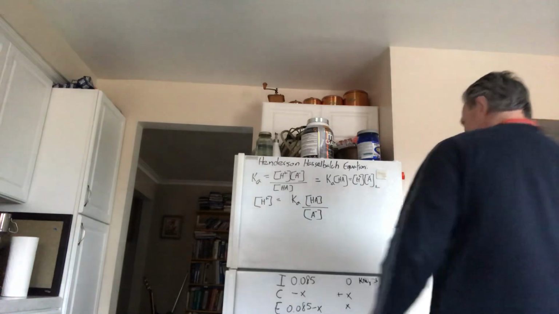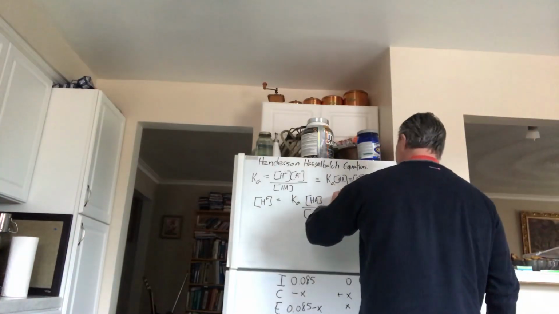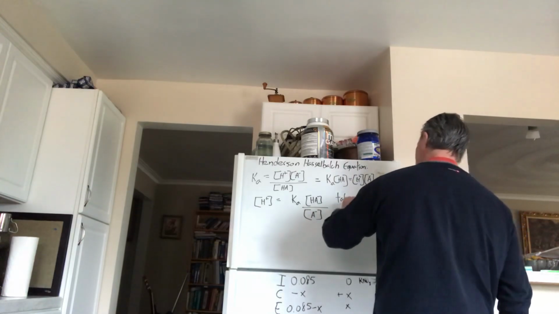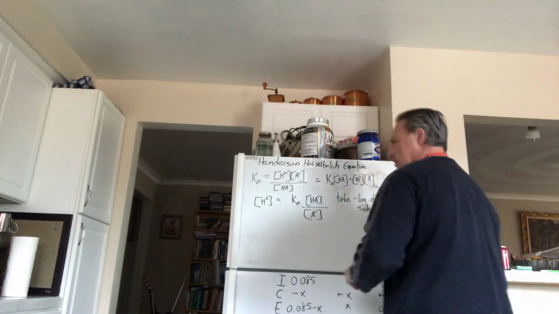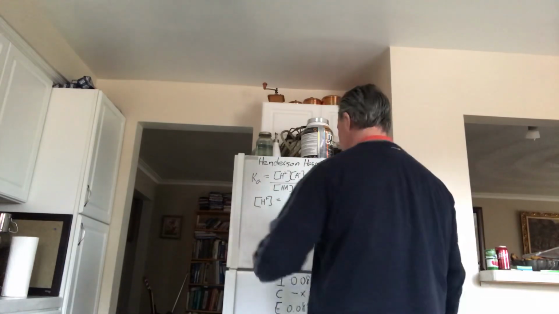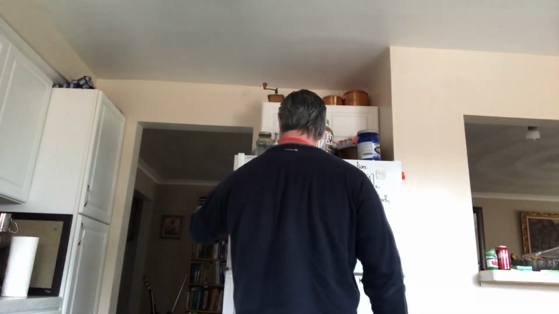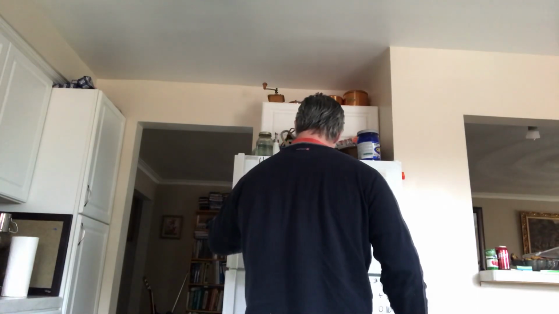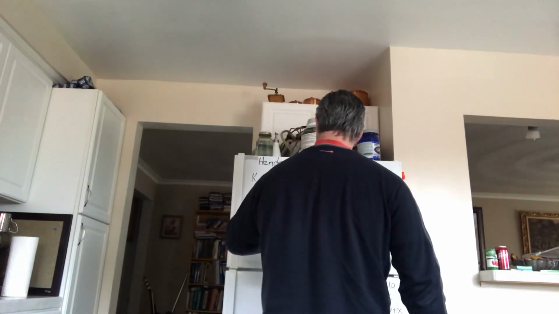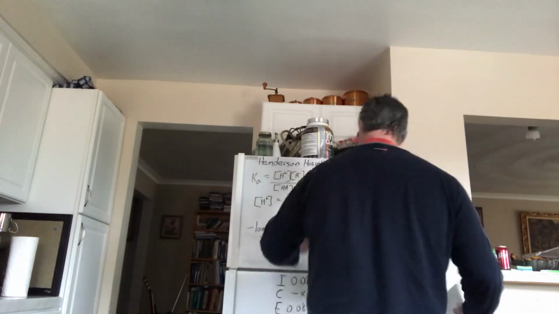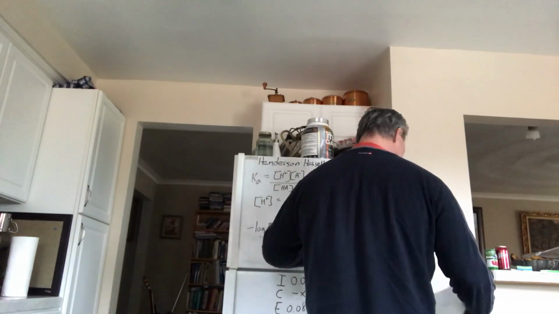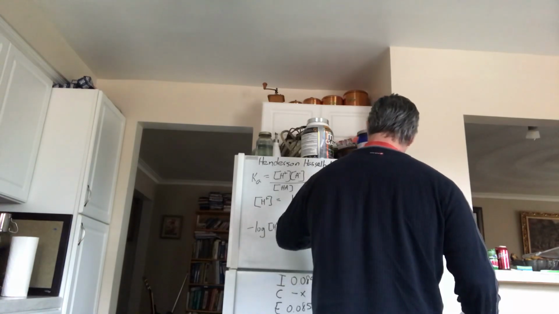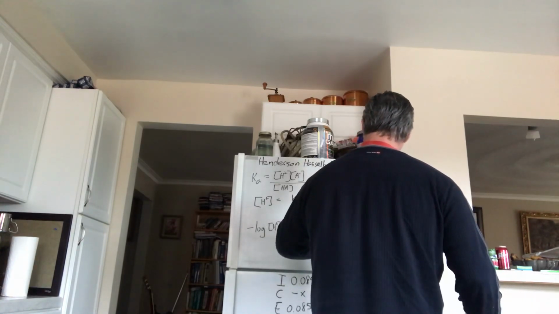Now we're going to take the negative log of both sides. Negative log of H plus concentration is going to give you, I'll rewrite every step so you don't miss anything, negative log is equal to negative log of Ka times HA over A minus.